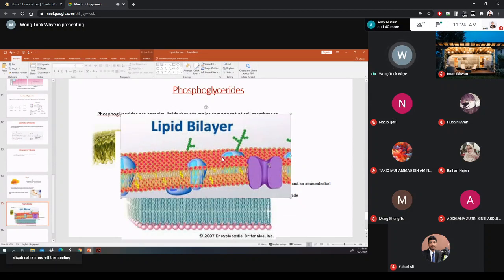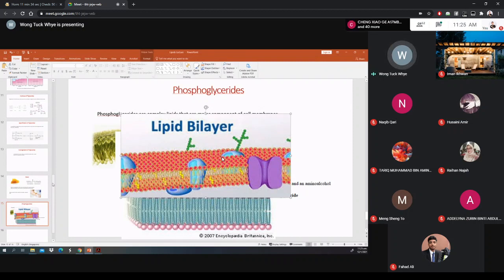The channels and carrier proteins allow transport between two regions, region A and region B, of oxygen, or ions like sodium and potassium, to make sure your body functions normally.